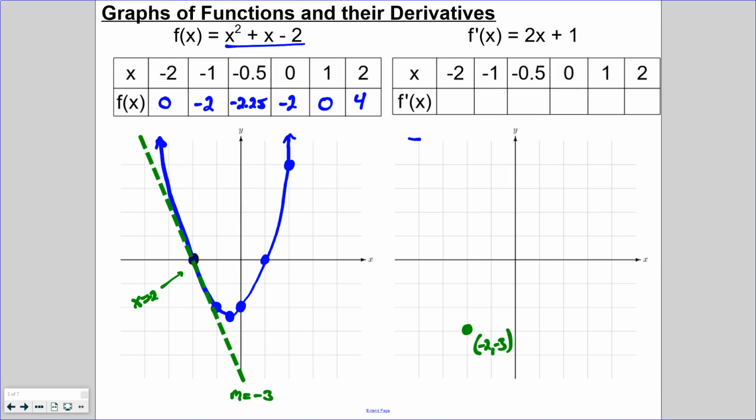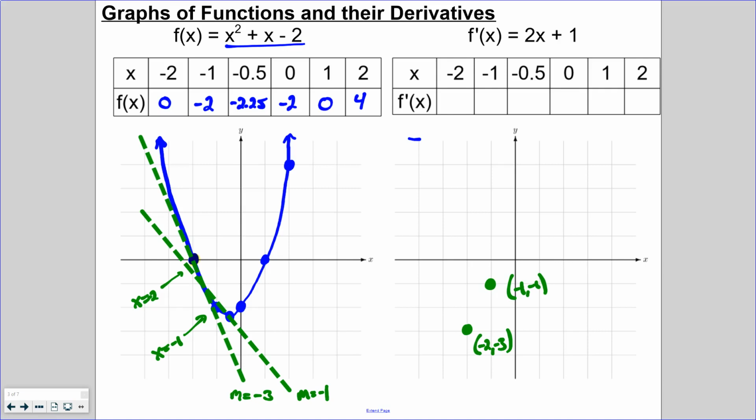Then we can do the same thing for our second point at x equals -1. We can draw the tangent line, and again, due to some behind-the-scenes work, we can see that this slope is -1. So at the value x equals -1, the slope will be -1. Now we can plot that point on our derivative graph, -1, -1.